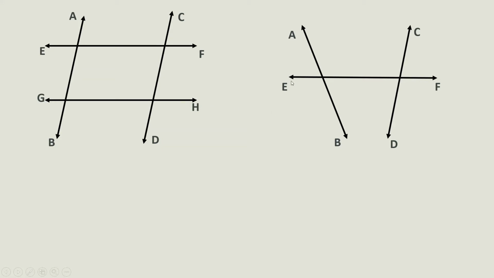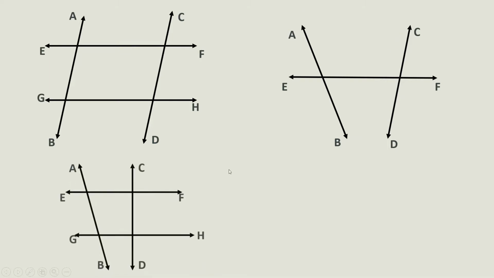And in this figure, EF is a transversal line because it passes through these two lines, AB and CD. And here, line AB is a transversal line because it passes through two lines, line EF and line GH.